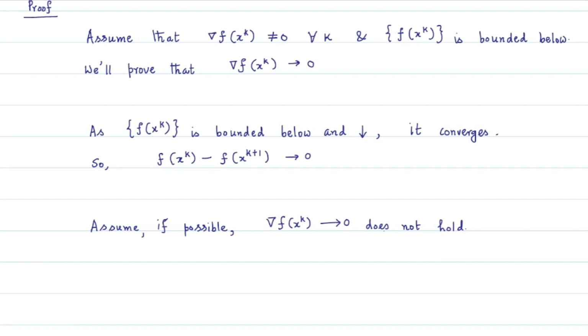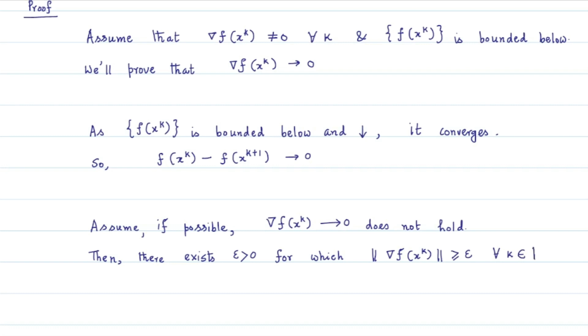If grad f(xk) does not converge to the null vector, then obviously there exists some positive epsilon for which the norm of grad f(xk) less than epsilon does not hold for all k values after a certain index, or this norm is greater than or equal to epsilon for all k values lying in an infinite subset of the natural number set.